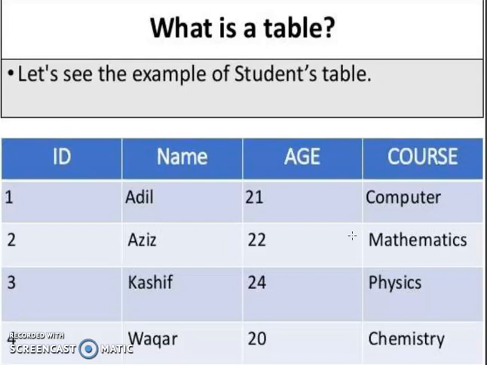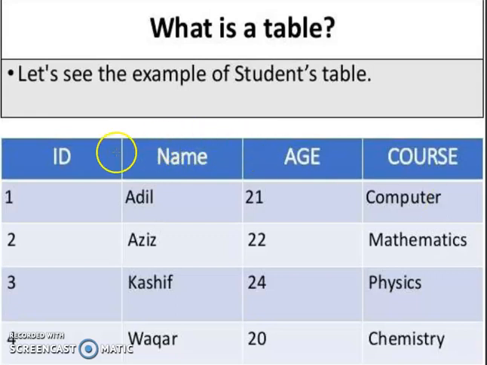We must know some of the basic concepts used in RDBMS, the relational model. Tuple or row. A single row in the table is called as a tuple. So this single row is also called as a tuple. Each row represents the data of a single entity.